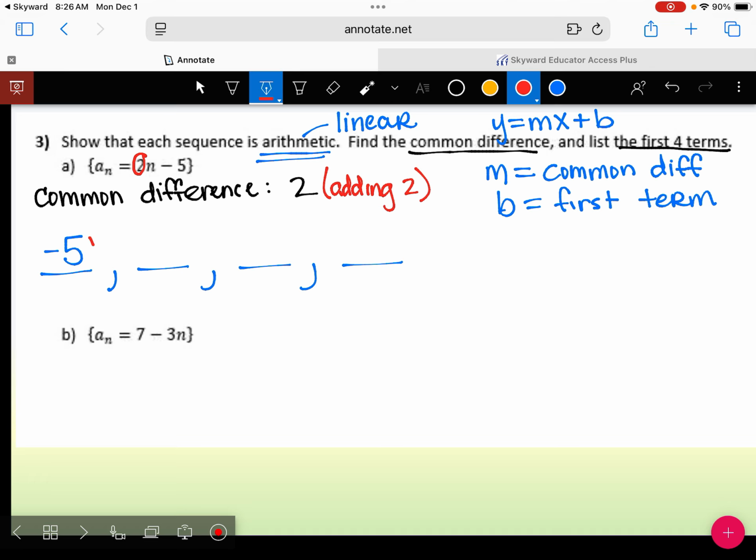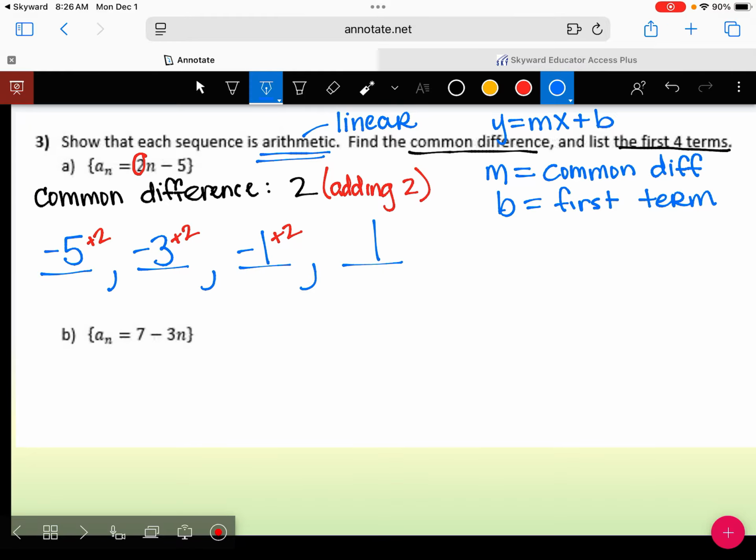So you're going to add the 2. That'll give you negative 3. Then you're going to add 2. That'll give you negative 1. And then you're going to add the 2. And that gives you what? What's my last number? 1. So that would be my first 4 numbers.